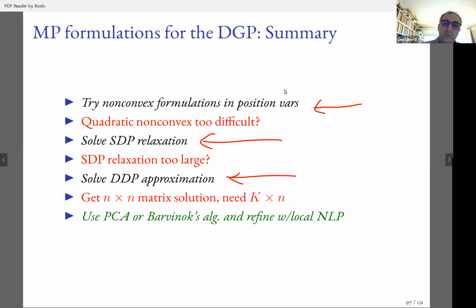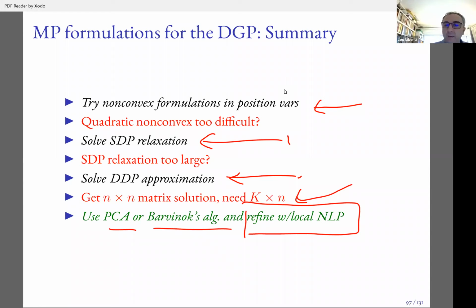Then whatever you do between these two things, you have to lose dimensions, and you can do this with either PCA or Barvinok's naive algorithm. And whatever you do, at the end, you refine with the local NLP solver. Okay, so this is a process that served me well for distance geometry and also for the alternating current optimal power flow problem. So it seems to be more general than just distance geometry. In fact, it's probably good to apply it to any QCQP.